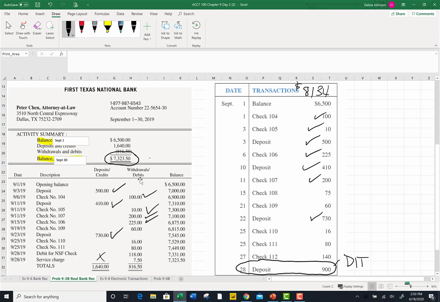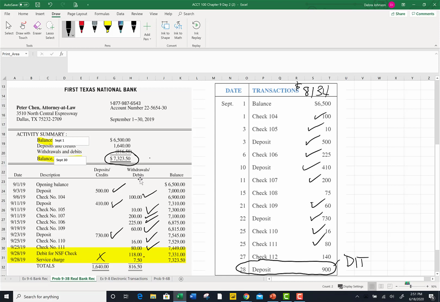The next check, 109 for $60 matches. Check it off. The next check for $16 matches. Check it off. The next check, 111 for $80 matches. Check it off. At the bottom, you'll notice two items on the bank side that don't match.